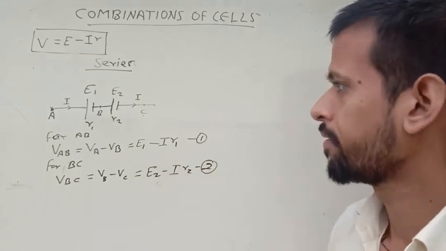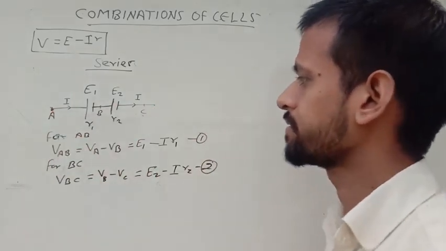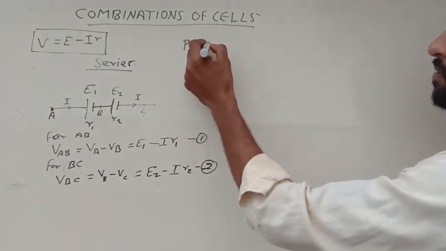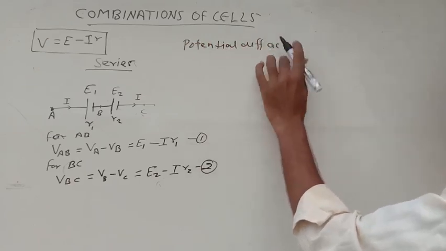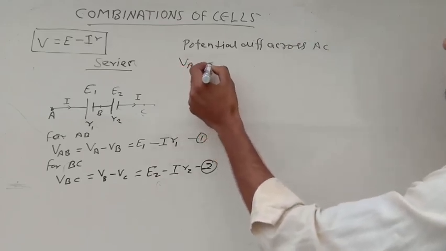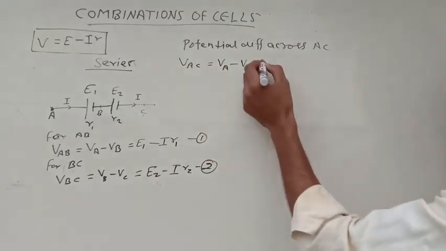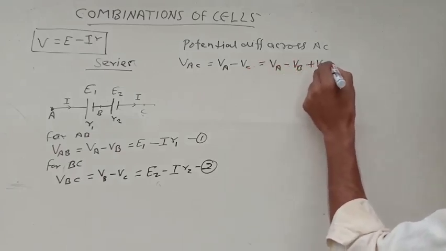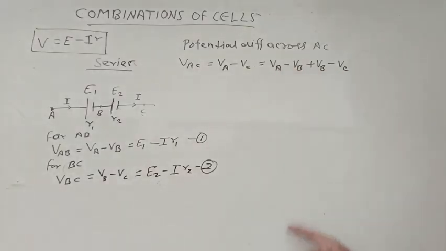Now what will be the potential difference between terminals AC? VAC is equal to VA minus VC, and this may be written as VA minus VB plus VB minus VC. The VB terms cancel, basically giving VA minus VC.